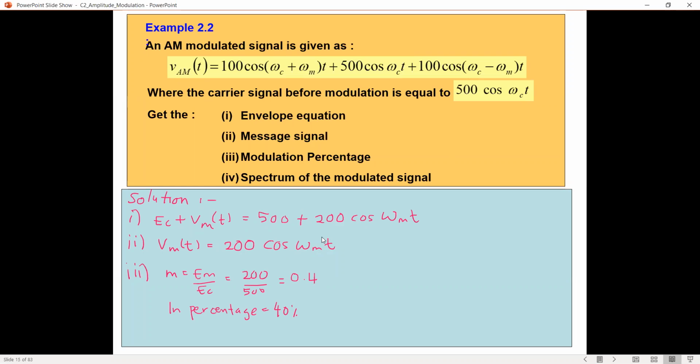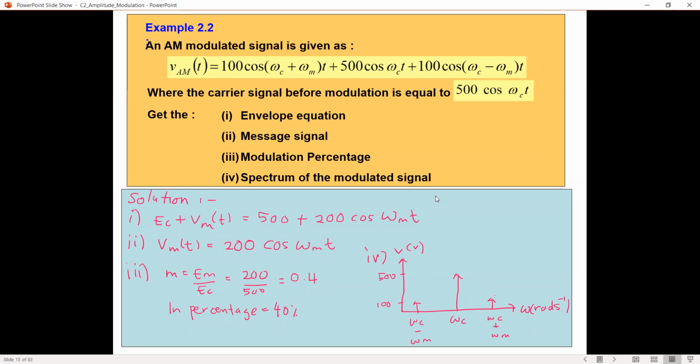It's very direct. The modulation index is EM over EC. EM is 200, EC is 500, so 0.4. In percentage, it's 40%. And then the spectrum of our modulated signal. When it says spectrum, you need to be aware it's amplitude versus frequency.